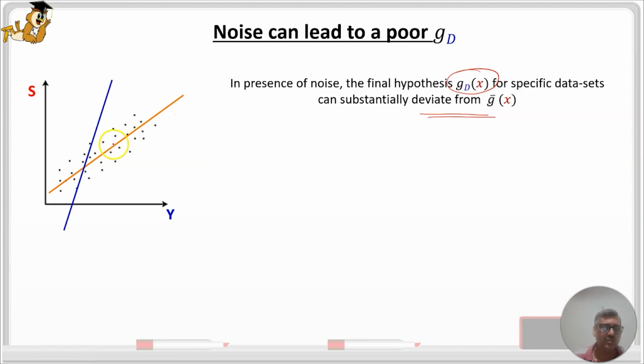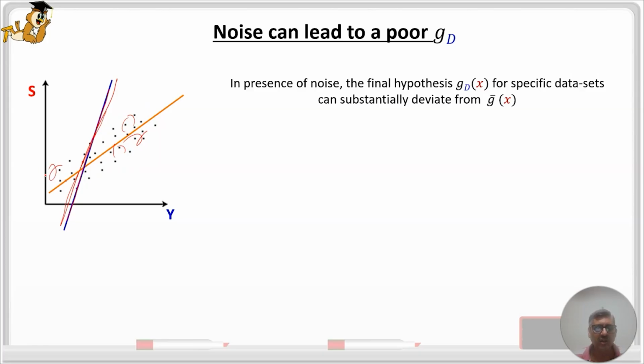Suppose this was your training data. Your training data had these samples. Okay, it's a probabilistic thing. It just happened that these were your training examples. Your final hypothesis given these training examples would be this blue line, and see how far away from the orange line it is. This is substantially different from this thing, and therefore this hypothesis is going to make substantial errors on this data.